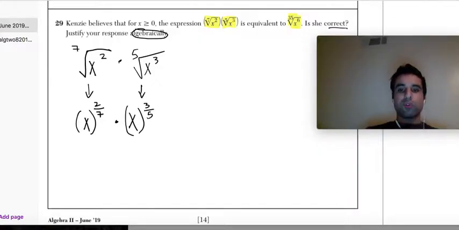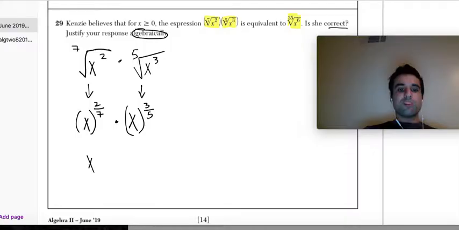Remember, when you multiply exponents, 2 by 3 gives 6, and that's how she got that. You multiply 7 by 5 and get 35, but that's not how it goes. When you multiply two bases that are the same, you have to add the exponents.